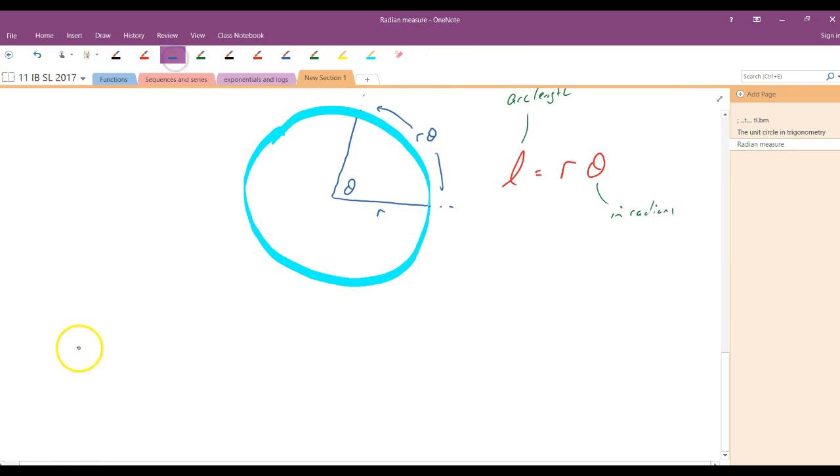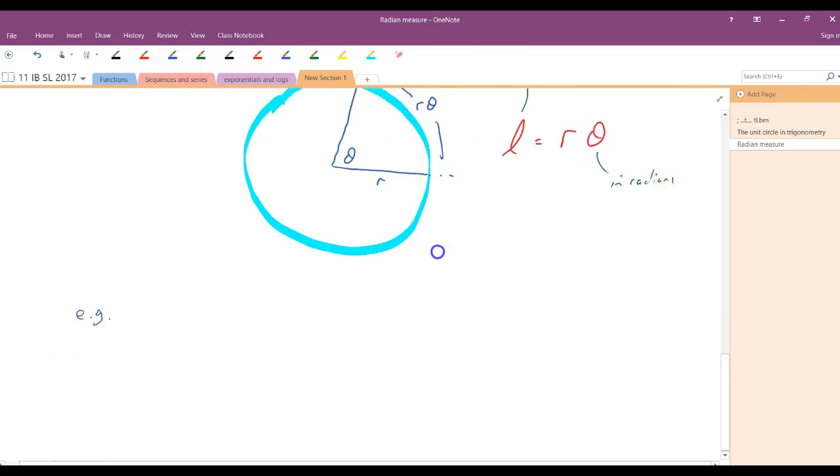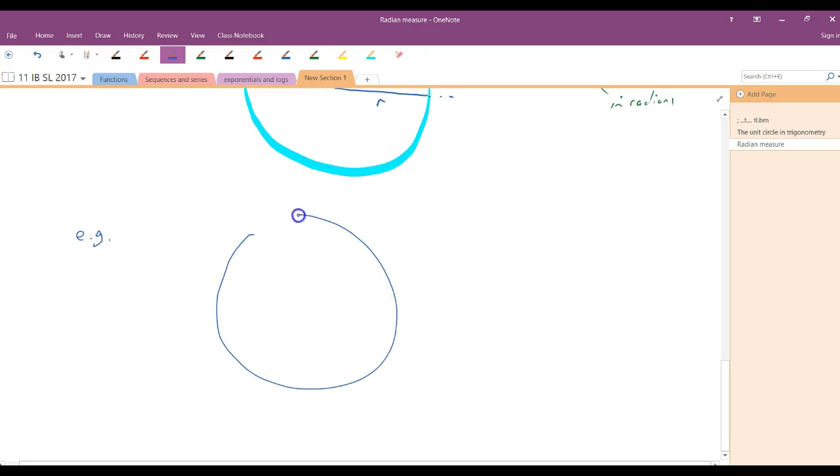Example. All right, here's an example, nice and straightforward. Here's a circle. Let's say that I've got this angle here, which is 1.8 radians, with a 7 centimeter radius. The question is, find the arc length.